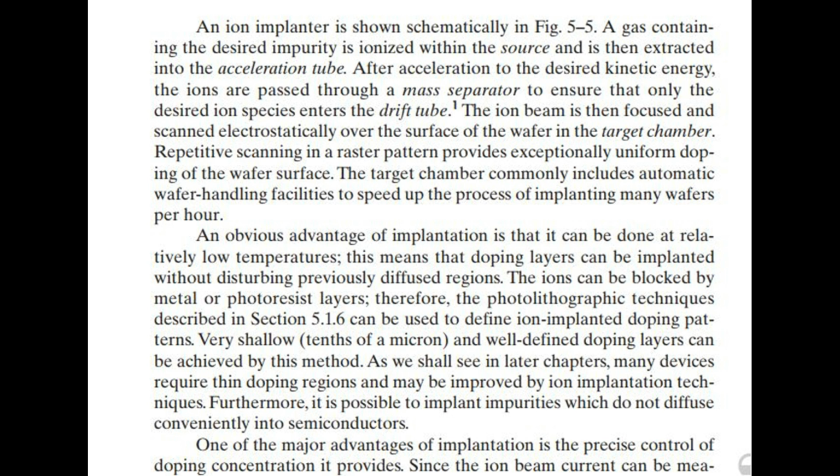Very shallow, tenths of a micron, and well-defined doping layers can be achieved by this method. As we shall see in later chapters, many devices require thin doping regions and may be improved by ion implantation techniques. Furthermore, it is possible to implant impurities which do not diffuse conveniently into semiconductors.